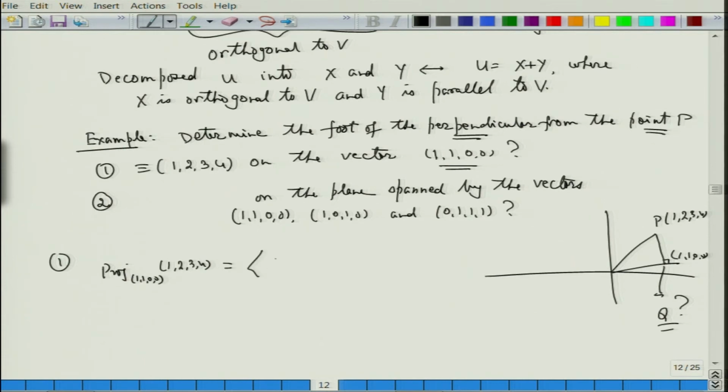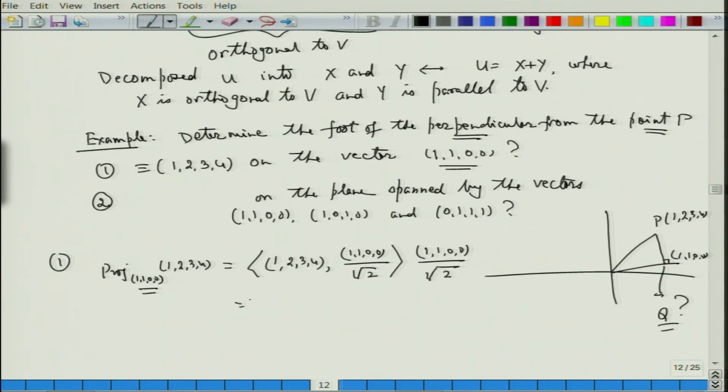So this by definition is 1 2 3 4. Then I have to look at this vector which is 1 1 0 0 divided by the length of this. Sorry. Alright, so I am not here using the column notation because it will require a lot of space, so I am just writing like this. But at the back of my mind I have everything with respect to column representation. Alright.